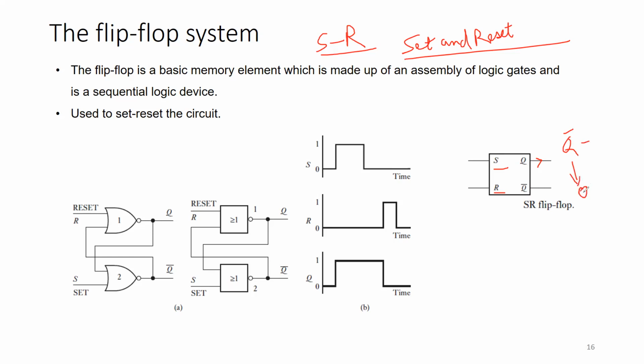Q with the NOT gate, that means the opposite of Q, the inverse of Q. So if you set a value, set the button, it will keep on running. And if you reset, then it will come to a halt.